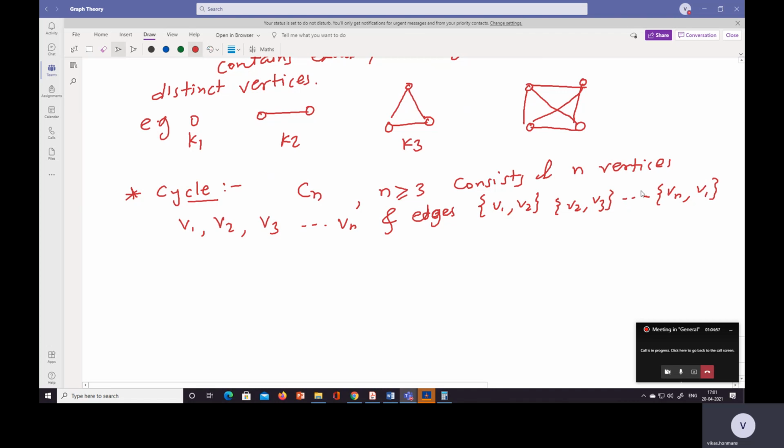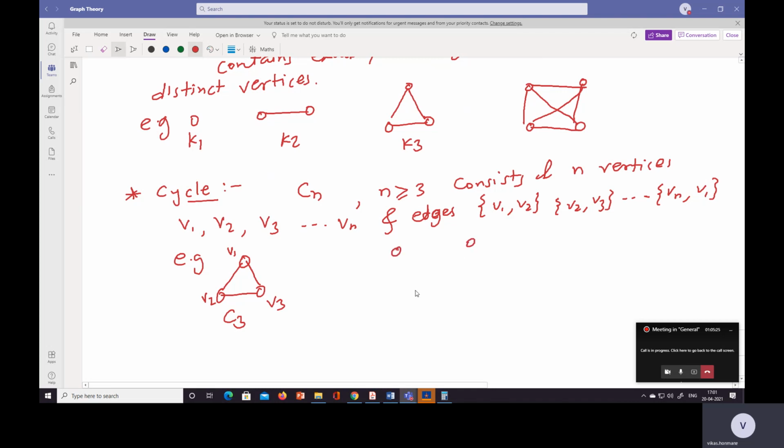Okay, so the same we can see here. Suppose this is V1, this is V2, this is V3. So V1 to V2 is one edge, V2 to V3 is another edge, V3 to V1 is another edge. So that is called a cycle and it is C3.